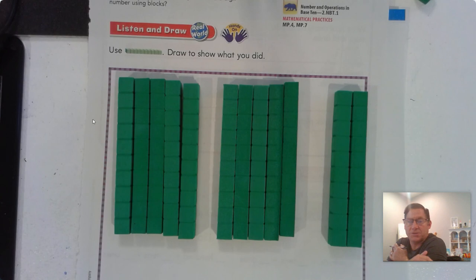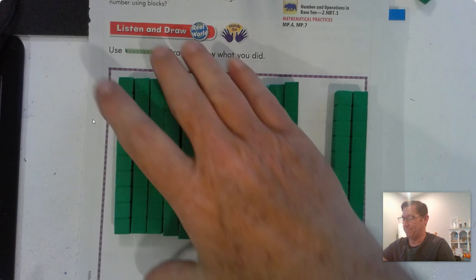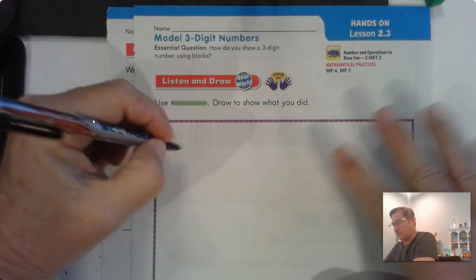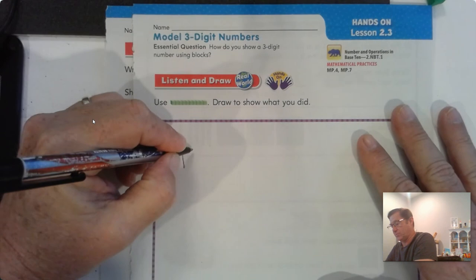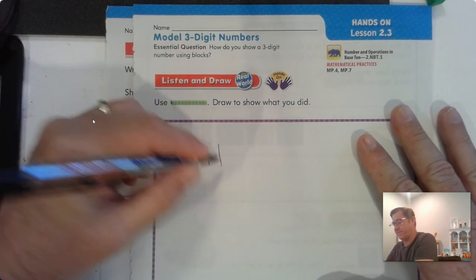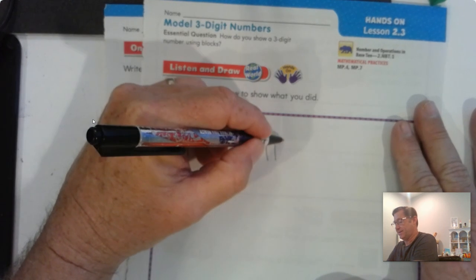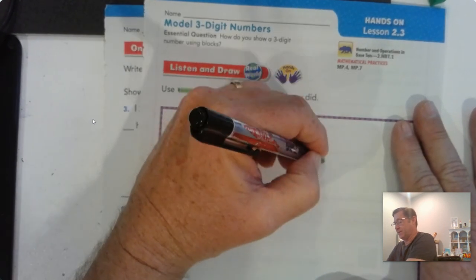Now, draw a quick picture to show this, and I want you to circle 10 tens. Okay, so I'm going to move these to the side. So 1, 2, 3, 4, 5, 6, 7, 8, 9, 10, 11, 12.